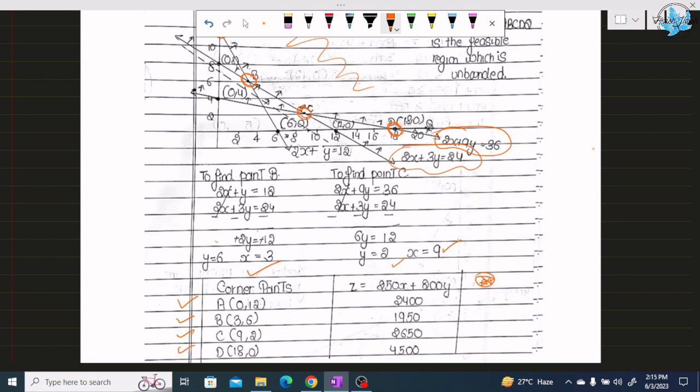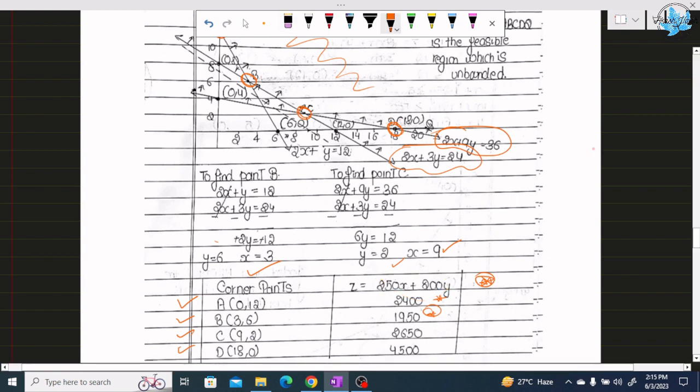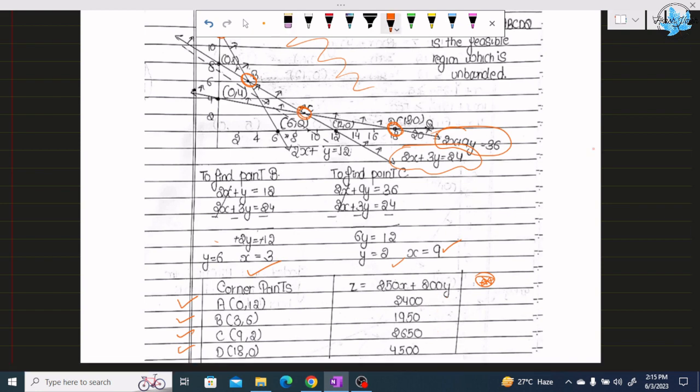So in the A coordinate, the value of x is 0 and value of y is 12. So put these values, you will get the z at A. When you put the values of the B coordinate, you will get 1950. Now put the value of the C coordinate in this z, you will get 2650. Now in the D coordinate, your x coordinate is 18 and y is 0, you will get 4500.